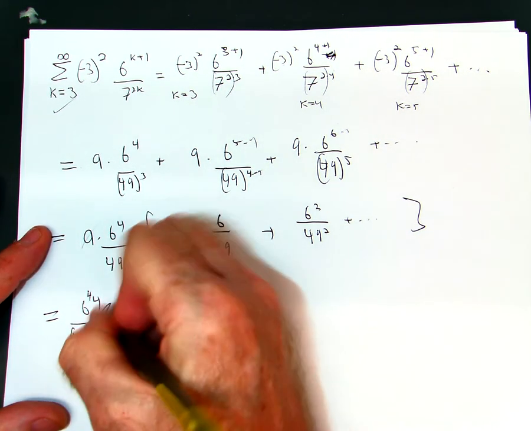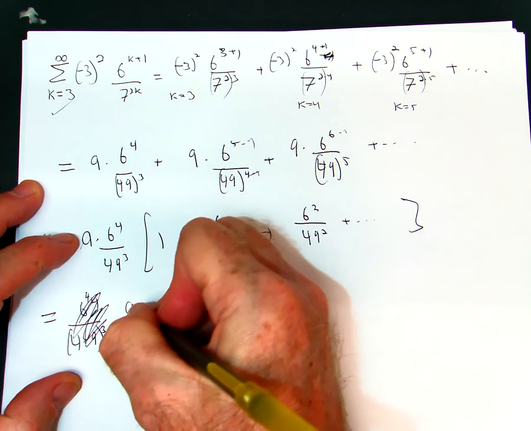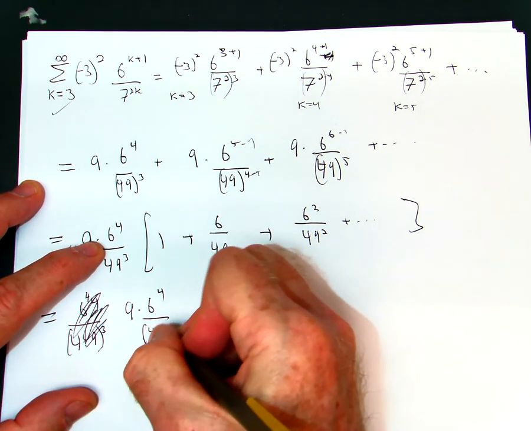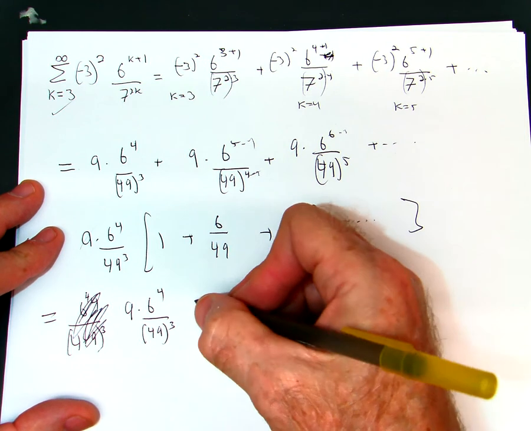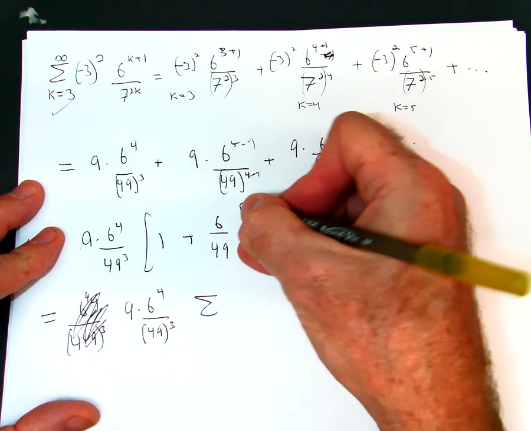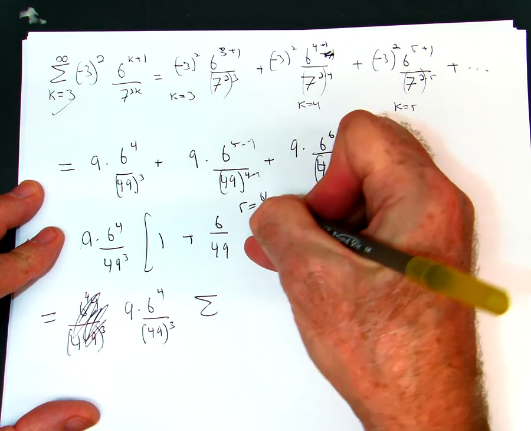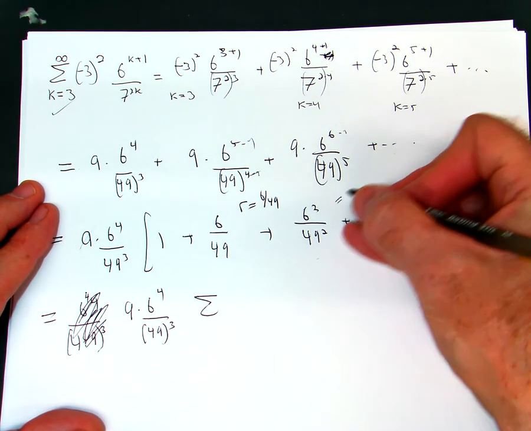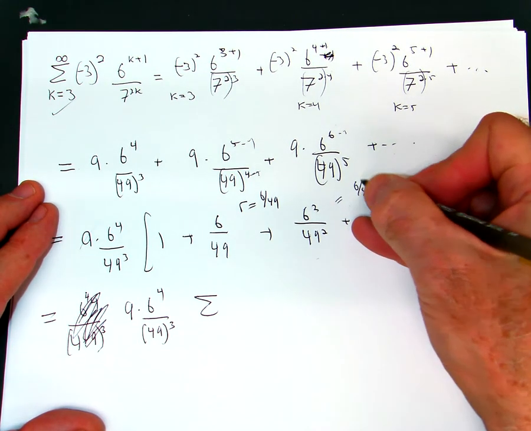Sorry, I wrote that really badly. Let's try that again. I got 9, 6 to the 4th times quantity 49 cubed. r is 6 over 49. Remember, I can write this as 6 over 49 squared.